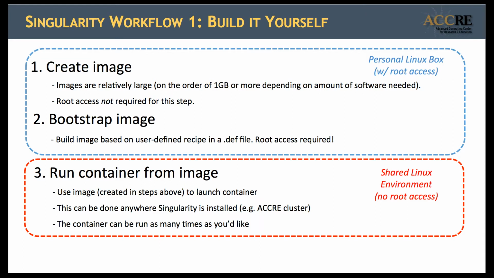The actual creation of the image, you don't need root access for, so there's no sudo needed. But for the next step, which is bootstrapping the image, you do need root access. The reason is that during the bootstrap, that's generally when you're installing software, and you need to have root access inside the container in order to install that software. Therefore, you have to run that Singularity command with sudo.